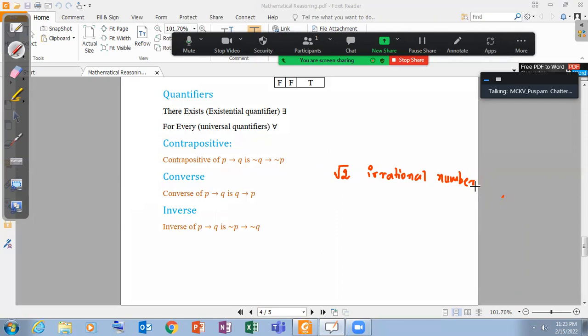There, first you assume that root 2 is a rational number, and then at the last you prove it cannot be possible. So there is a contradiction somewhere. That proof is called proof by contradiction. So there are various kinds of proofs. You can use contrapositive, converse, inverse, or contradiction.